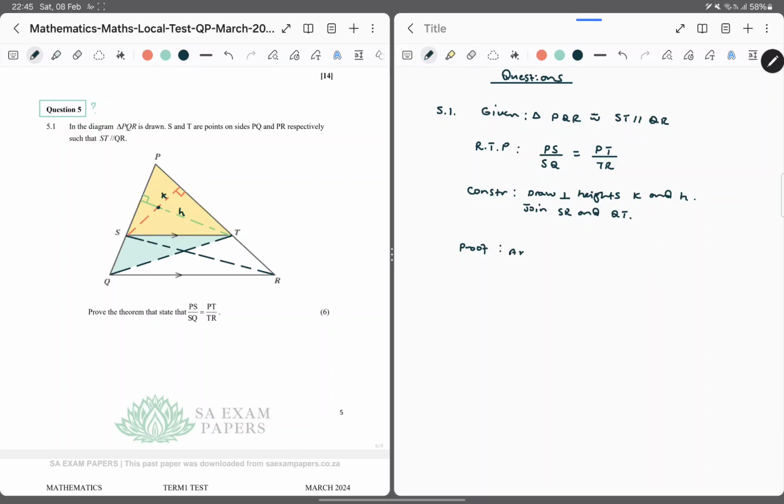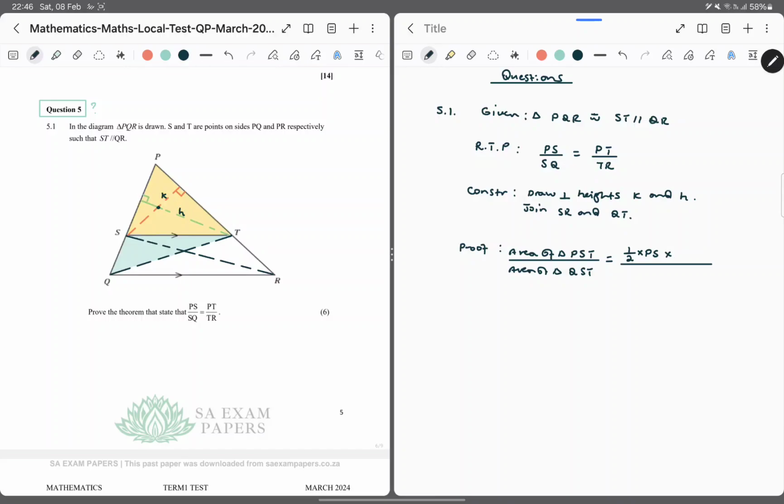We can say area. We're going to compare the areas of these 2 triangles. Area of triangle PST divided by area of triangle QST. This gives us this ratio is going to be half the base, we can look at it as PS times height.